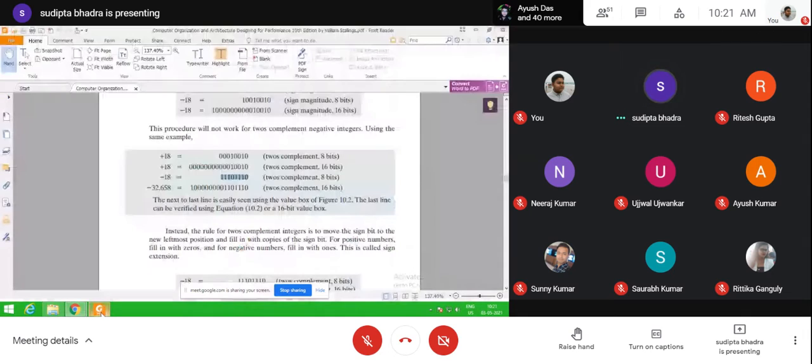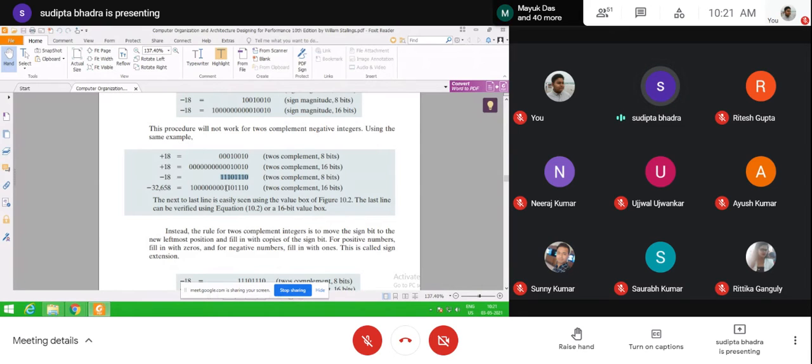What kind of problem? Here 1 will be present in the MSB, and the rest of the values will be stored from 0th bit to 6th bit. No problem there.